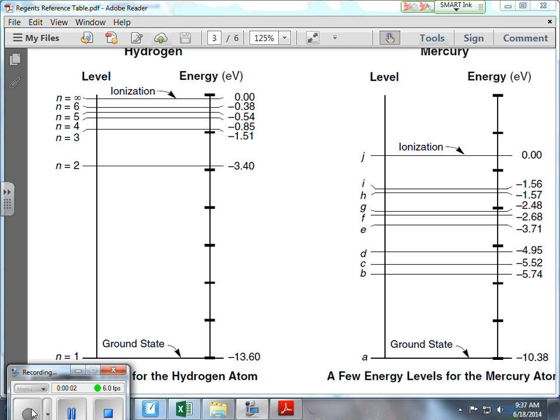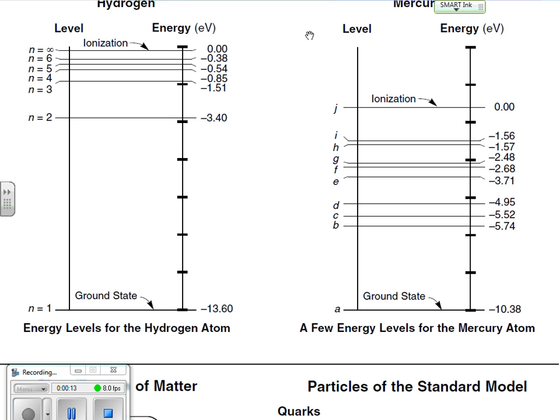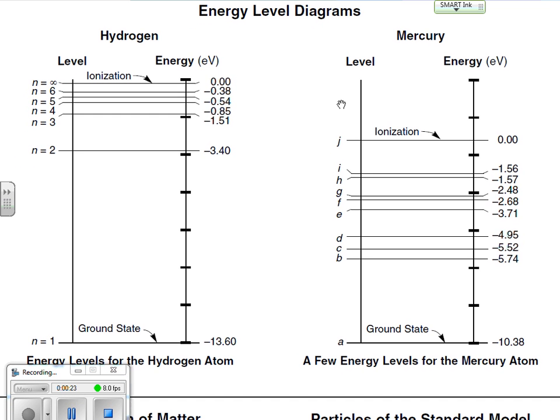Let's look a little bit at our modern physics unit here too, what are called energy level diagrams. One for hydrogen, one for mercury. There are others, of course. What you need to be able to talk about here are two things. One, that electrons can make transitions between energy levels.